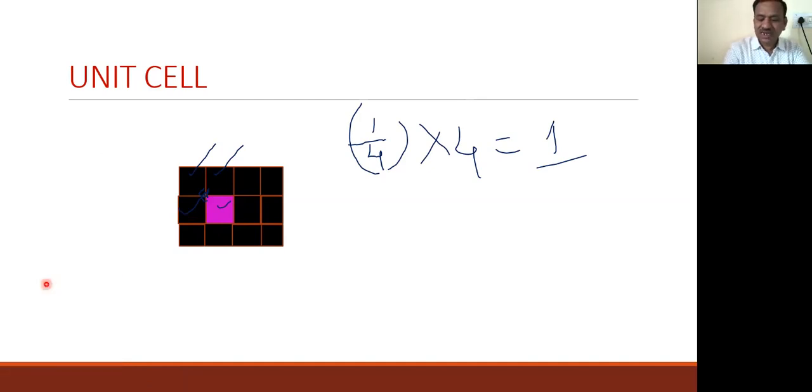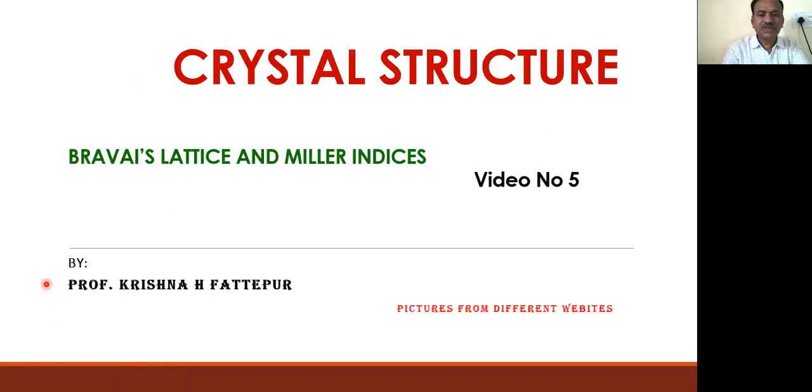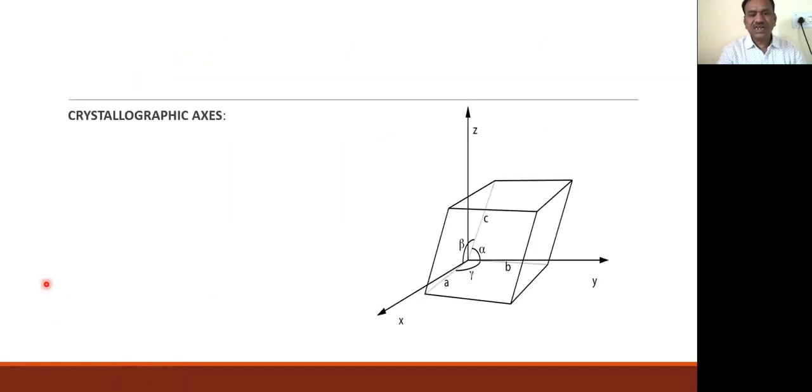Now, next, let us come to this one. Here, every unit cell is explained by 6 parameters. One is the x direction, the y direction, and another one is the z direction.